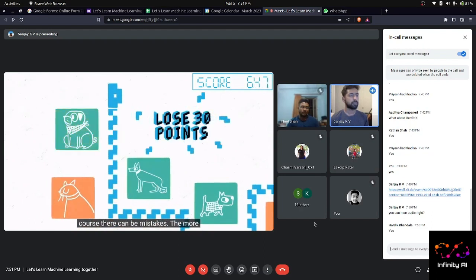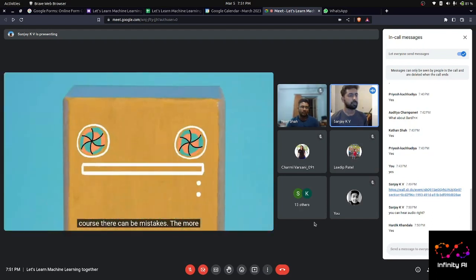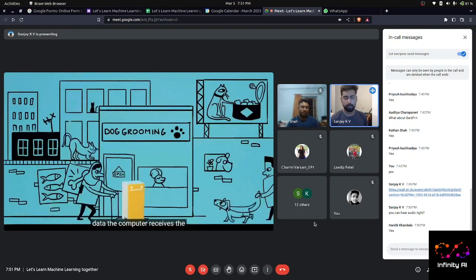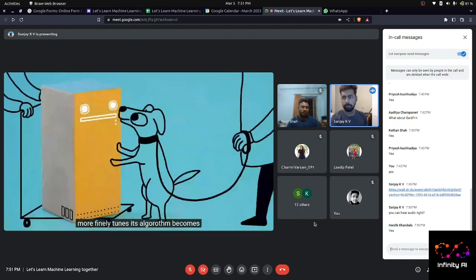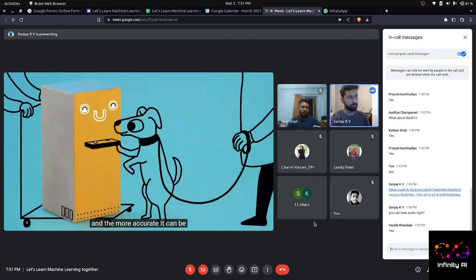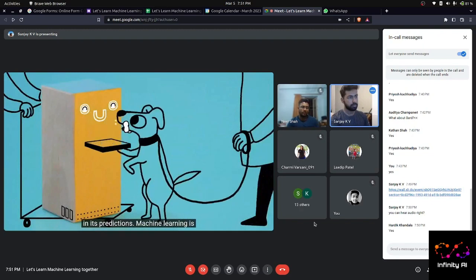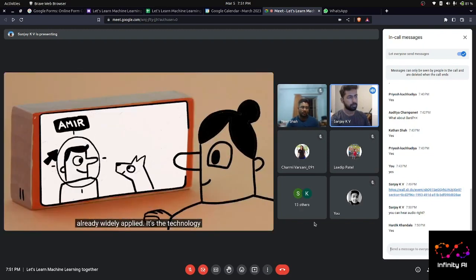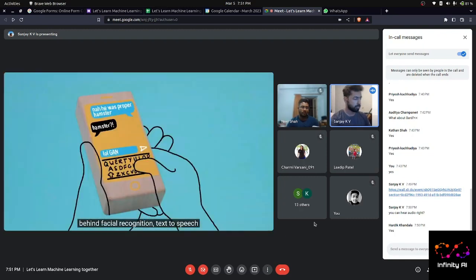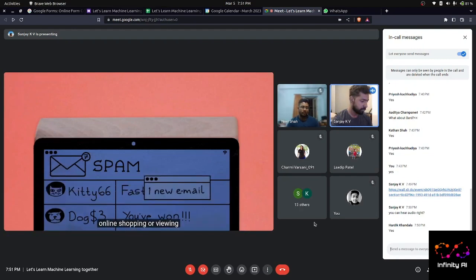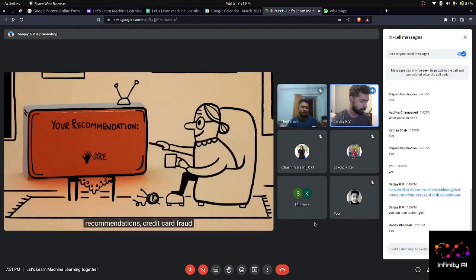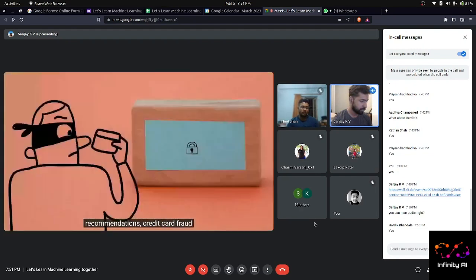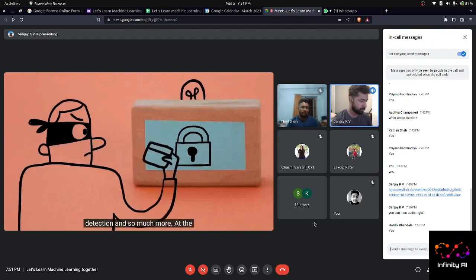But of course, there can be mistakes. The more data the computer receives, the more finely tuned its algorithm becomes, and the more accurate it can be in its predictions. Machine learning is already widely applied. It's the technology behind facial recognition, text and speech recognition, spam filters on your inbox, online shopping or viewing recommendations, credit card fraud detection, and so much more.